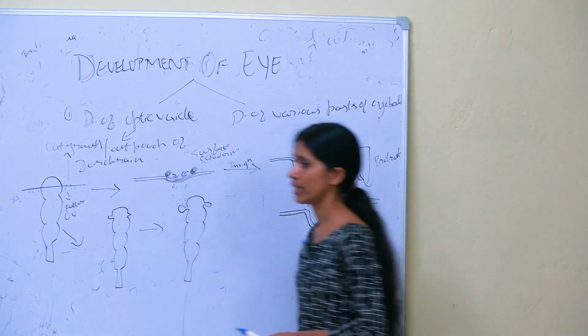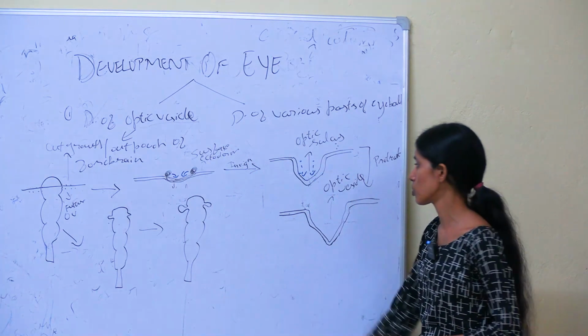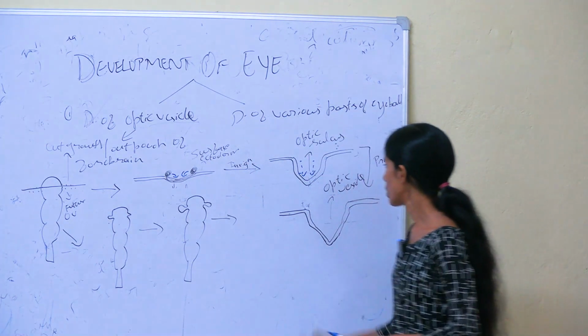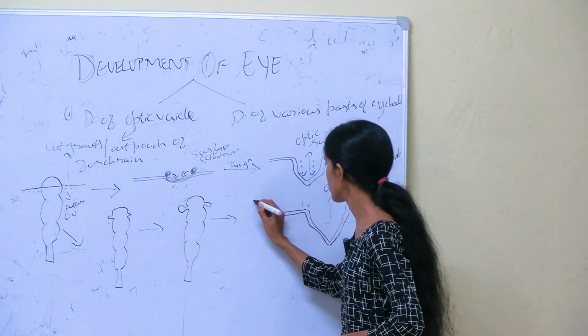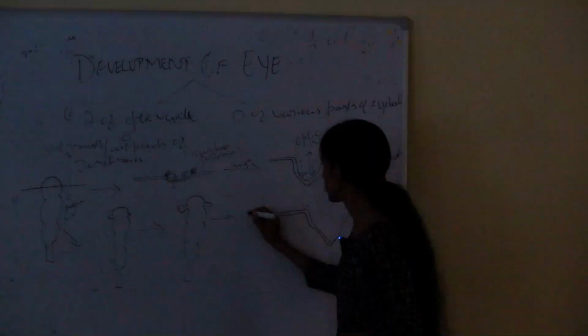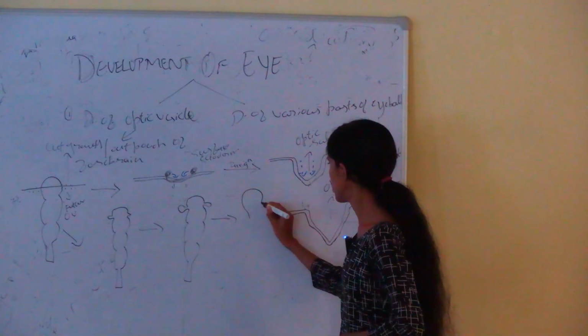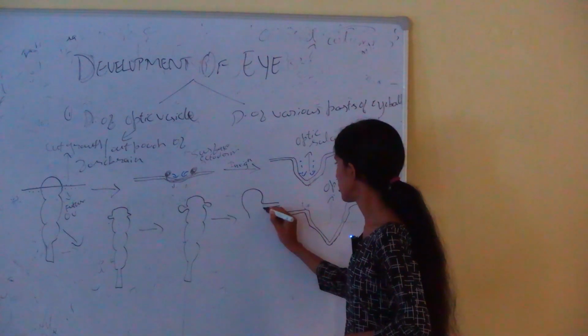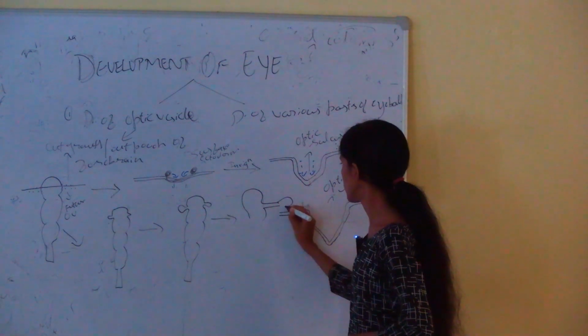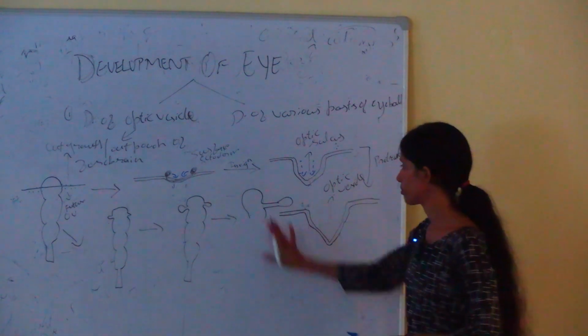And later this optic sulcus will turn into your optic vesicle part.